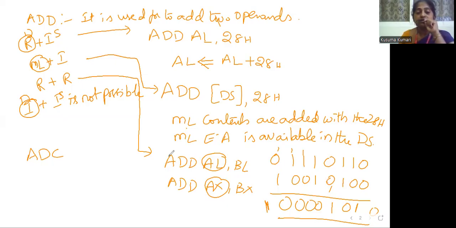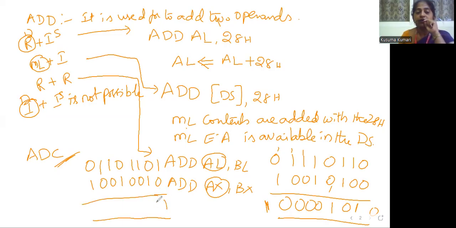In these cases we have to use add with carry. Or simply if we are using 0 1 1 0 1 1 0 1 and 1 0 0 1 0 0 1 0, then what happens?